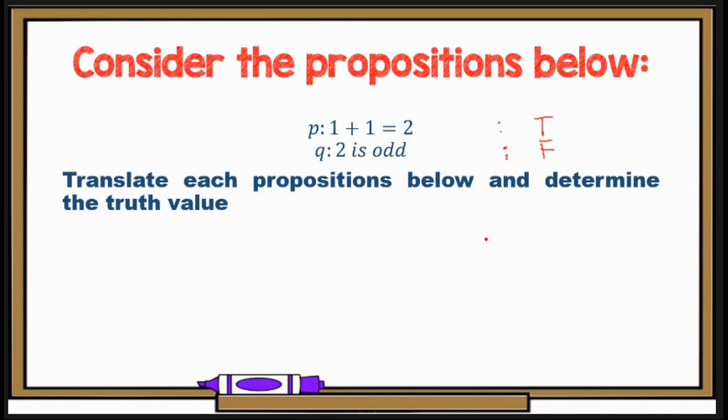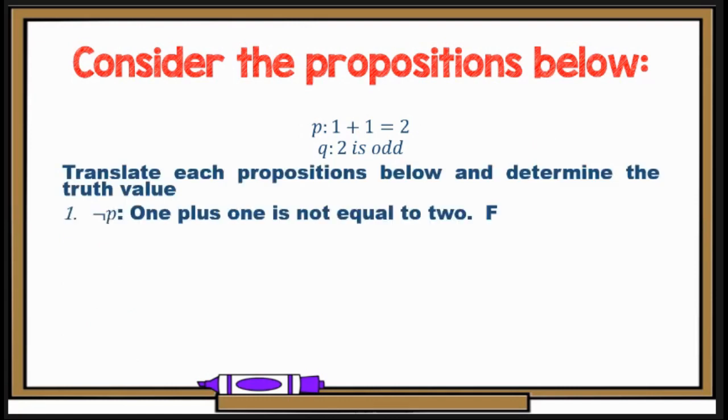Now we have to translate each proposition below and determine the truth value. We have negation of P, negation of Q, P and the negation of Q, and P or Q. And then the negation of P or the negation of Q. Let's take them one by one. The negation of P can be represented by this English statement: 1 plus 1 is not equal to 2.